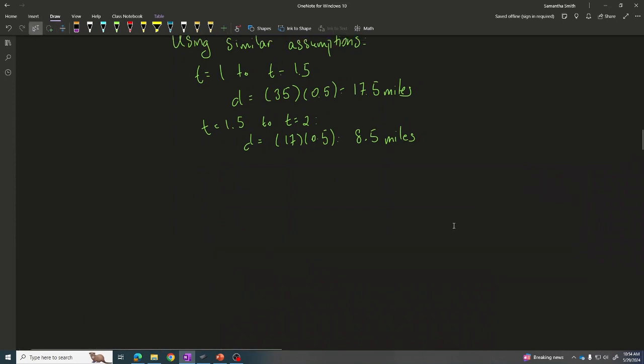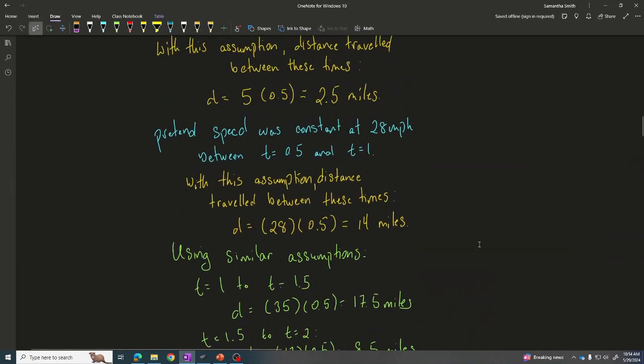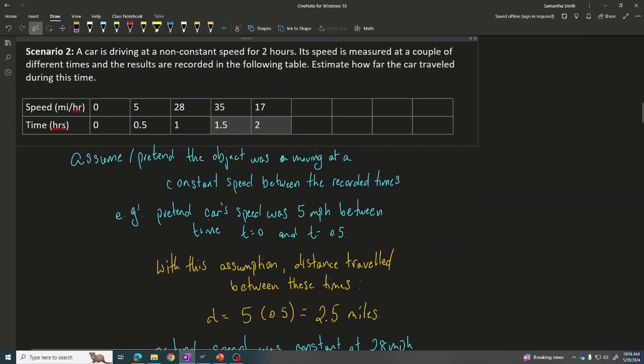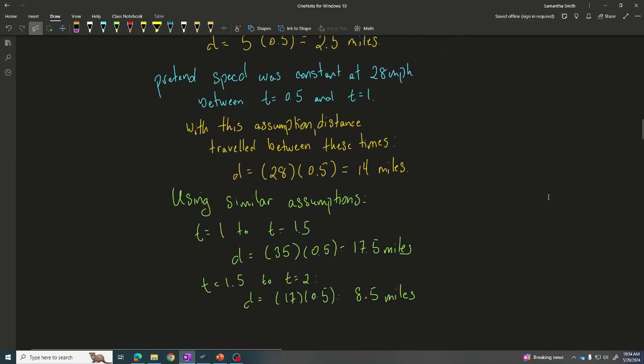And now that we have estimated the distance traveled by the car between each of these time checkpoints, how would I find the total distance traveled, do you think?